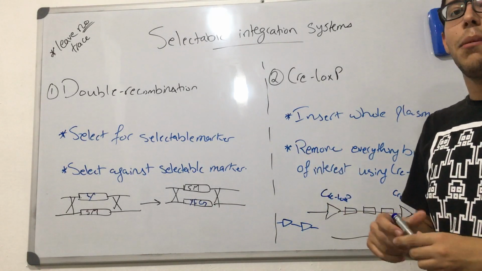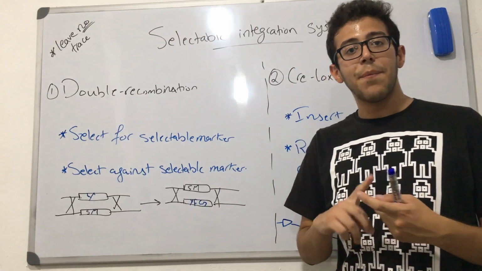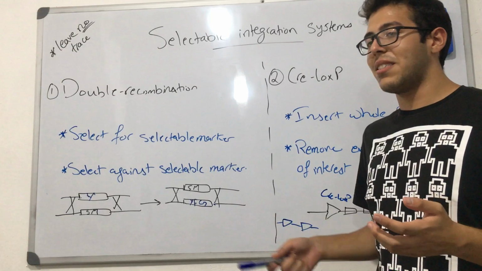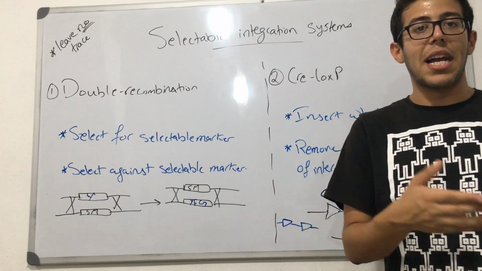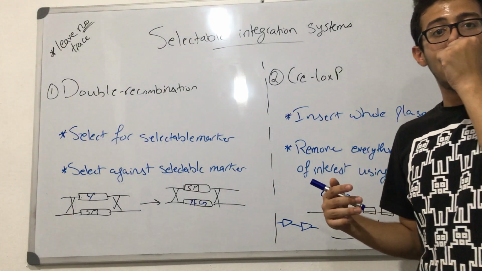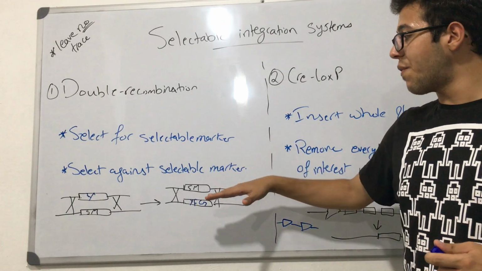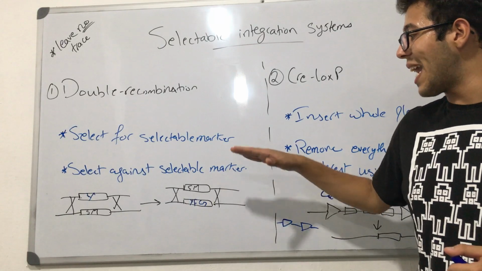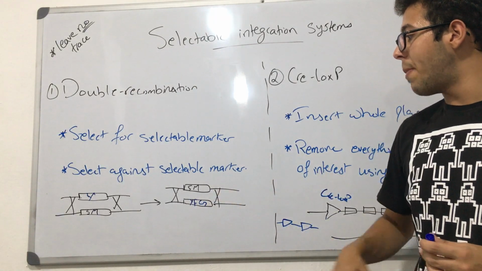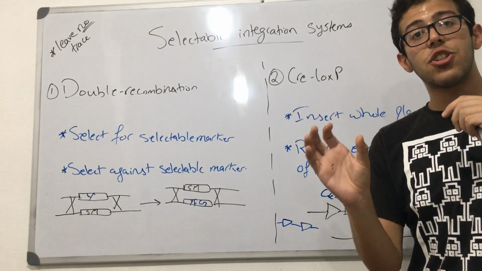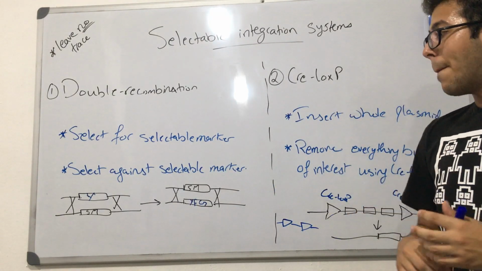So بهيدي الحاله نحن عملنا شغلتين. اول شغله تاكدنا انه السلكتبل ماركر فات عشان اكيد we can just use for example اذا استخدمنا الامب ار بنتاكد نحن in the presence of ampicillin بكون the cells are going to be resistant etc. So basically نحن بنتاكد انه صار في عندنا integration بهيدا السلكتبل ماركر and then نحن بنعمل homologous recombination عشان نفوت our gene of interest. بهيدي الحاله we only added our gene of interest ما حطينا شيء ثاني مثل selectable marker او غيره.